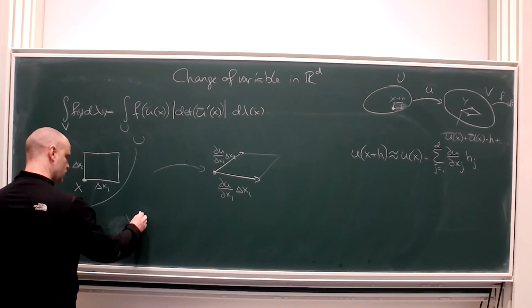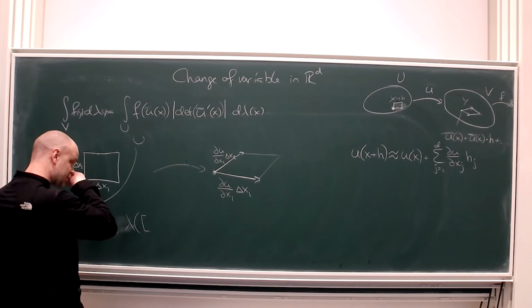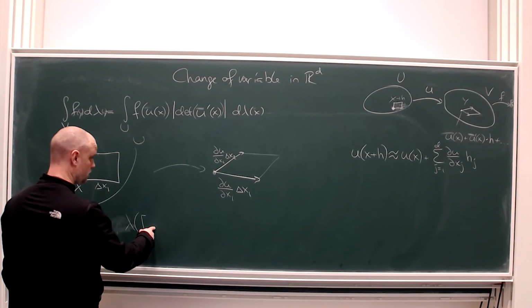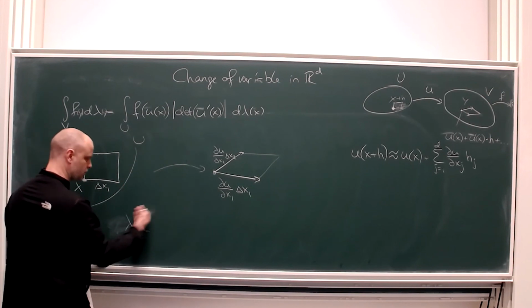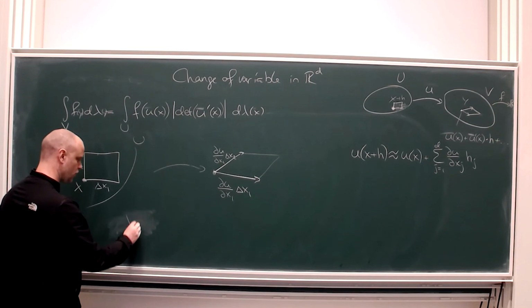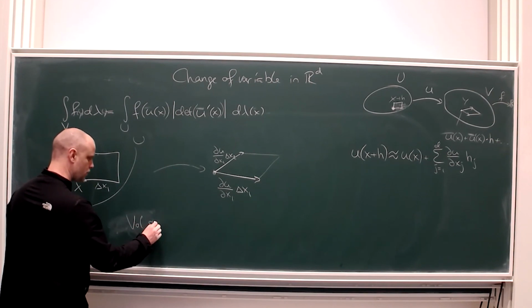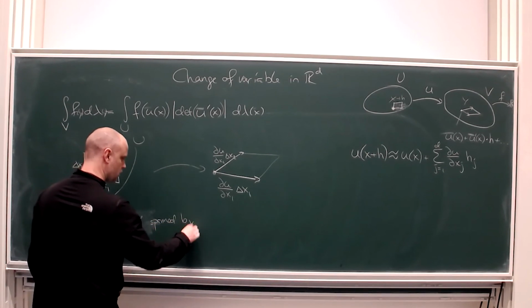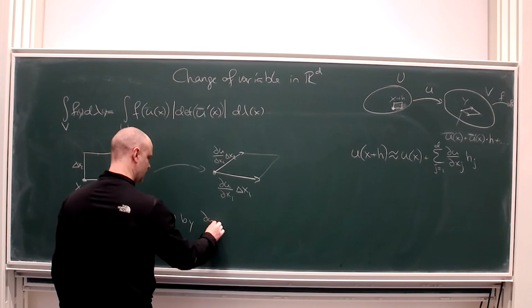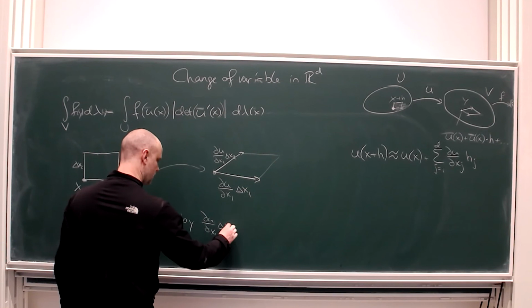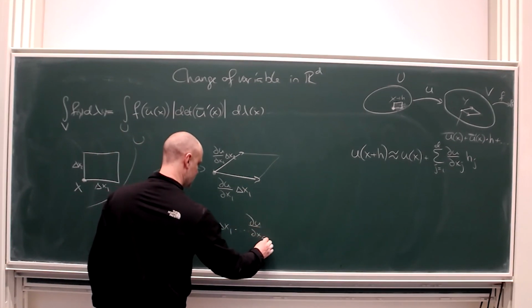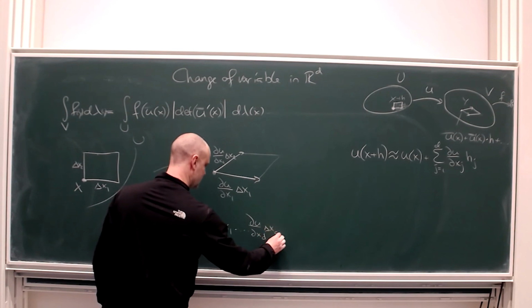What's the Lebesgue measure of the volume spanned by these vectors, du dx1 times delta X1, up to du dxd times delta Xd?